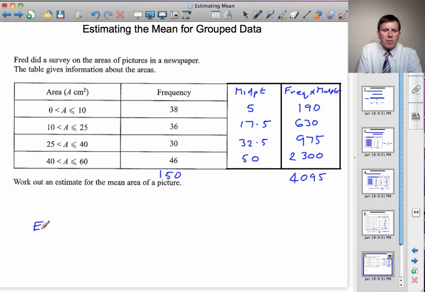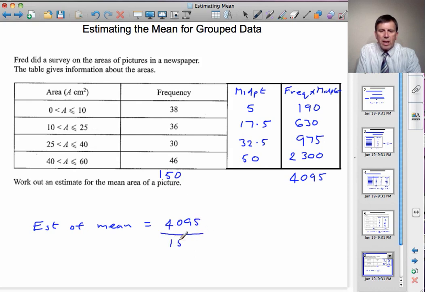And now my estimate for the mean is 4095, my estimate for what all the data add up to, divided by how many bits of data we have, 150 of them.